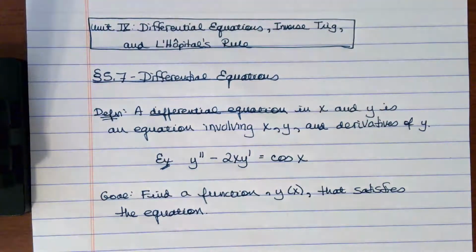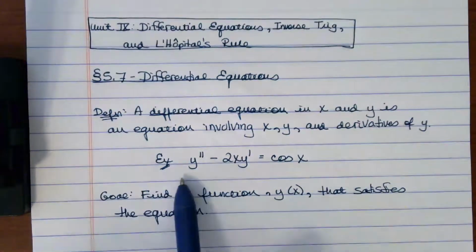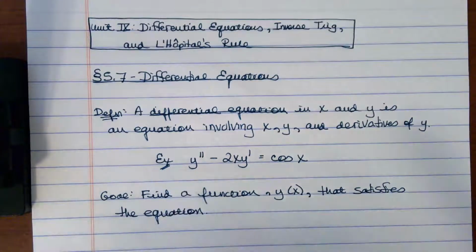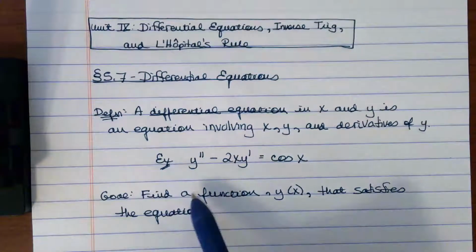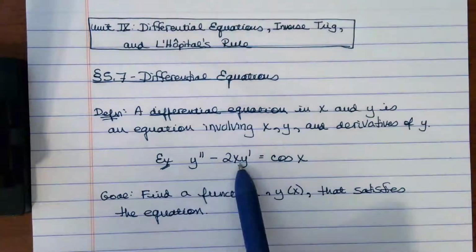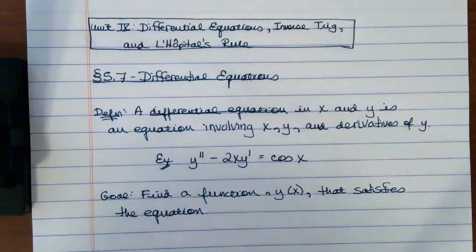So looking at the example that I gave you, my goal would be find some function so that if you do the second derivative of that function, minus 2x times the first derivative of the function, when you plug all this stuff in, it simplifies down to just cosine x.